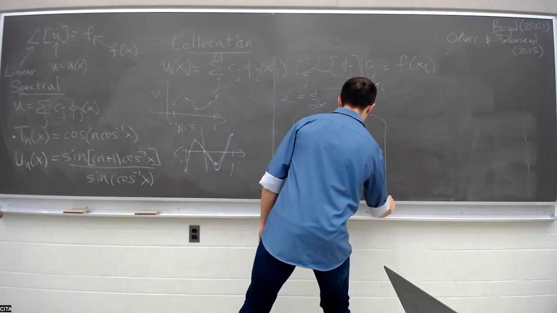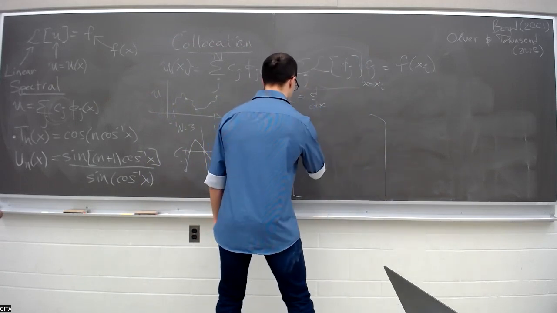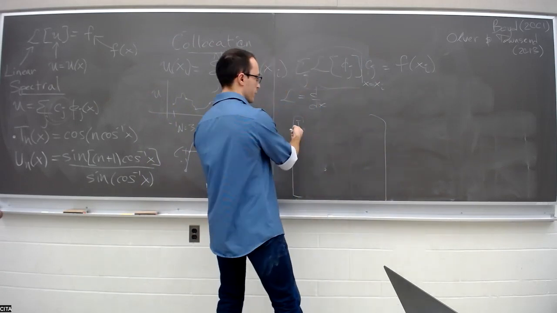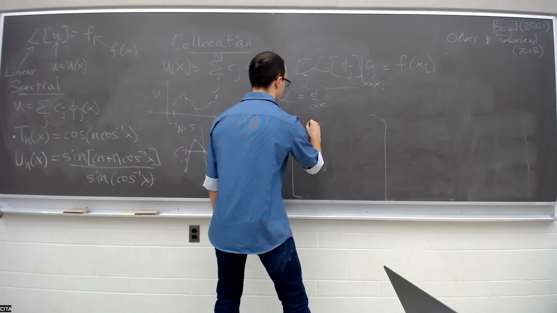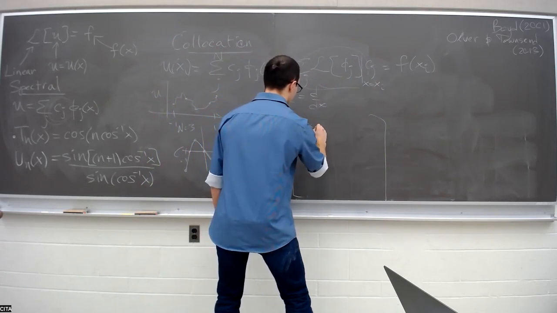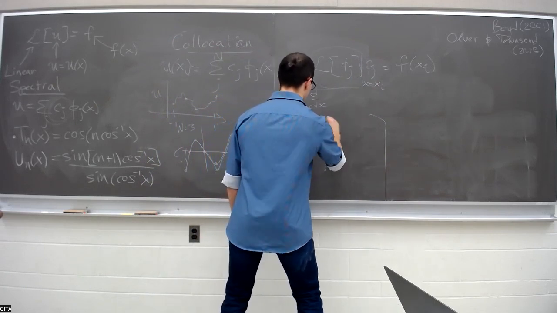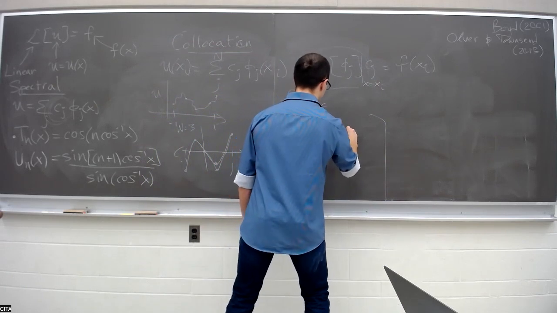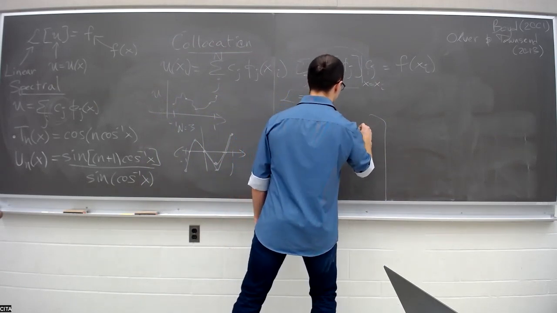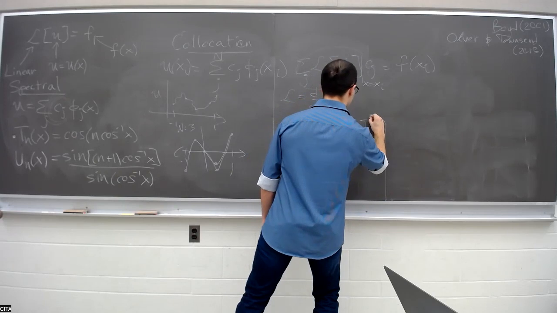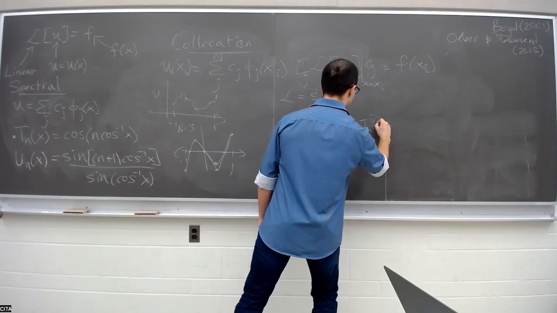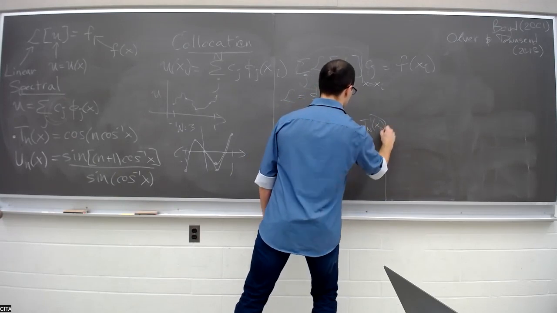the overall matrix equation would take the form of T0 prime, so I'll denote derivatives with respect to x by prime, evaluated at x naught, T1 prime, evaluated at x naught, and so on and so forth, down to the last Chebyshev polynomial.